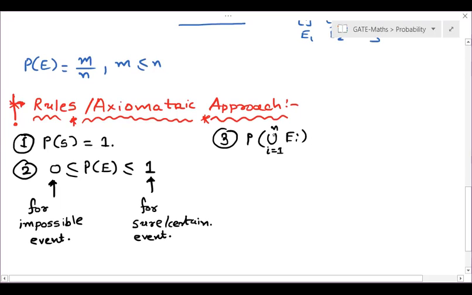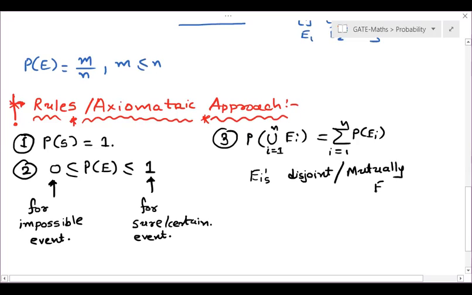If you have to find the probability of the union of all events, you can find it by adding them directly, but in certain conditions you cannot add them directly in all cases. You can add them when all events are disjoint. What is the meaning of disjoint? Mutually exclusive.